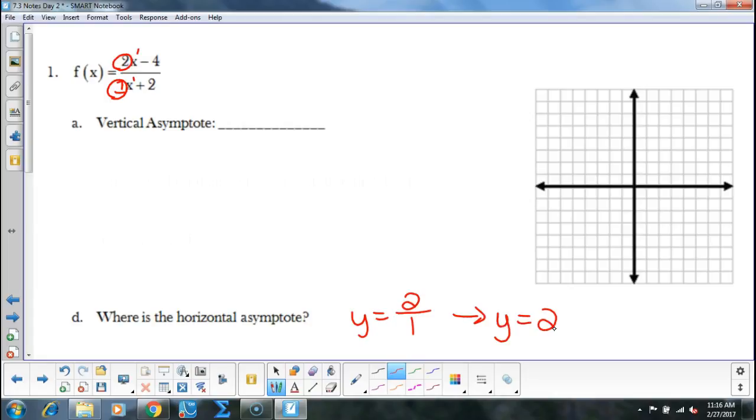Okay. If this, on the sideboard here, if I've got 4x over 3x plus 2, now both have a degree of 1. And so my horizontal asymptote would be y equals 4/3, because they're the coefficients of the degreed term. With me?